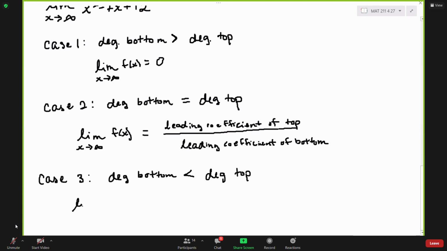And in that case, it's either infinity or negative infinity, and we would have to figure that out.